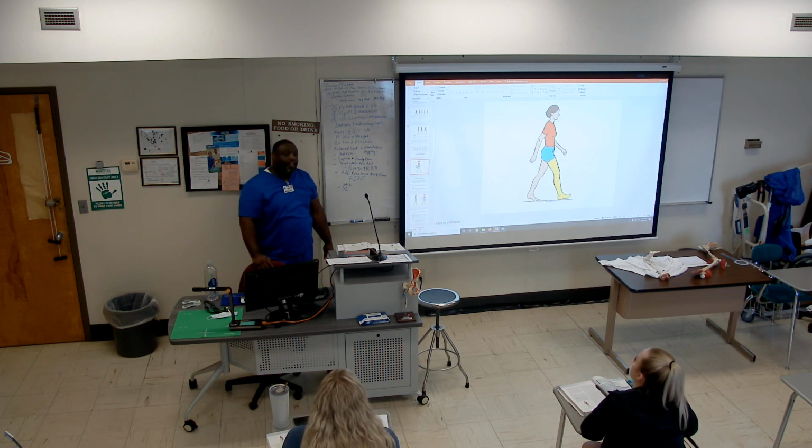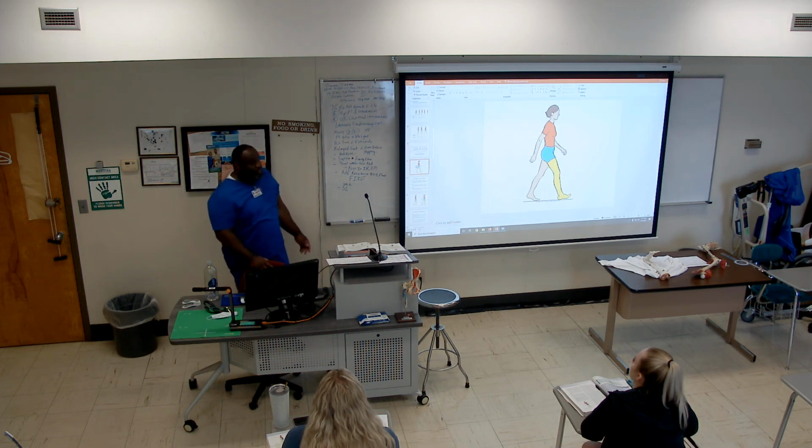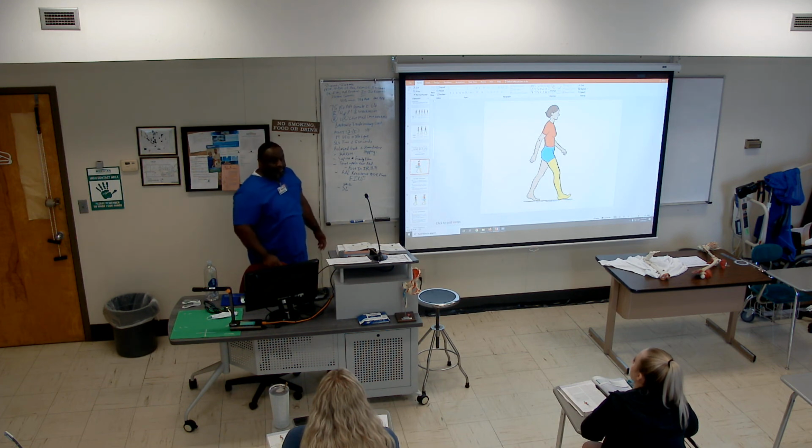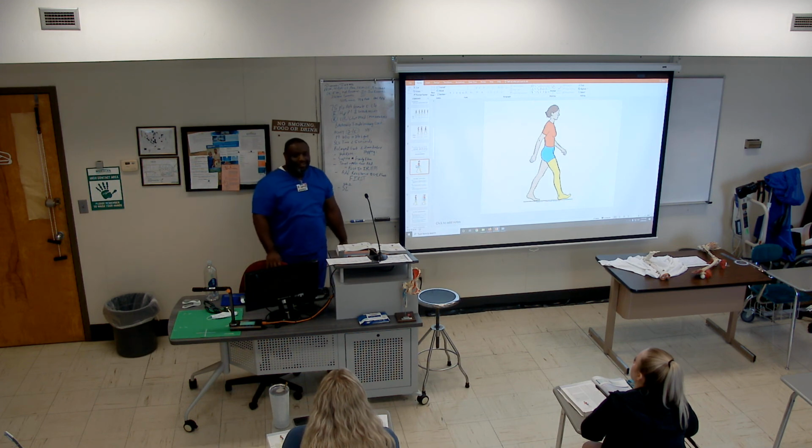So let's say you don't want to manual muscle test it, but you can goniometry. What do we know about goniometry that gives us a manual muscle test? They can complete the range of motion. Is it at least a 2 plus? 3? Yeah.